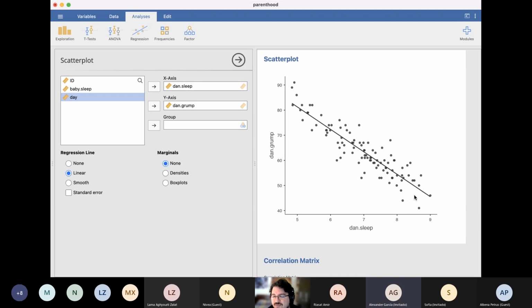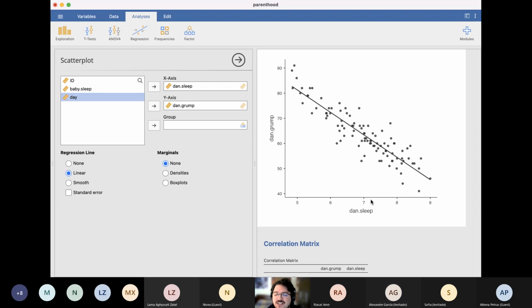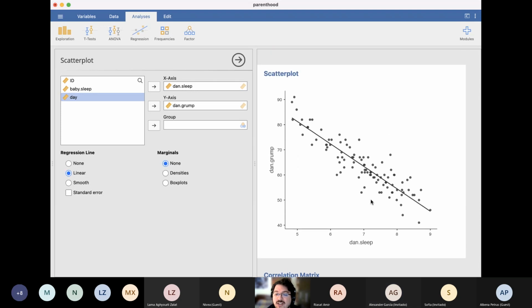When I see in the plot that people who chose more hours to sleep decrease the grump. But the most important thing, and the thing that you were looking for when you drew the plot, is that the relationship is linear, because it could have any shape.